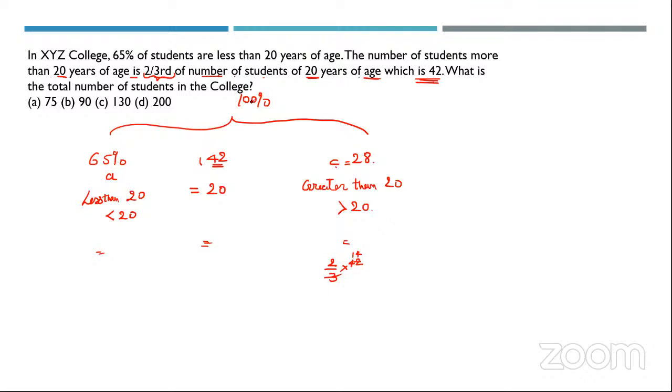So if 100% are there, and if A is equal to 65%, what percent will B and C comprise?